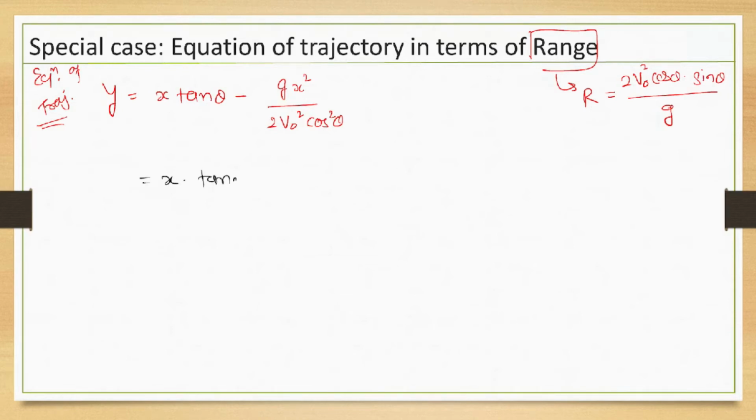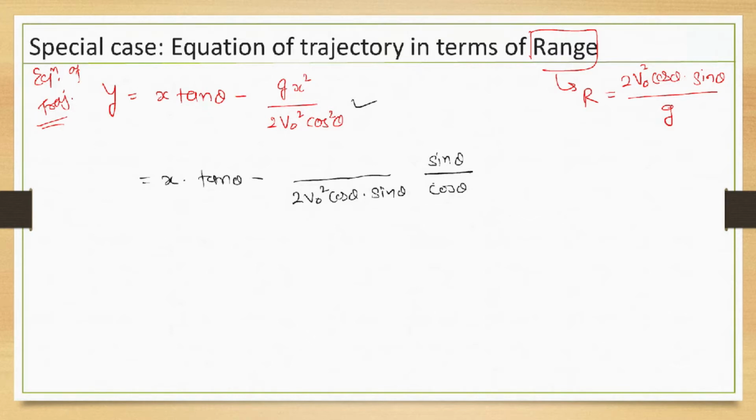In the equation, x tan theta minus g upon 2 v naught square cos square theta. Here one cos theta is already present, and sin theta is not present, so let's put sin theta. So sin theta cancels out in the denominator.